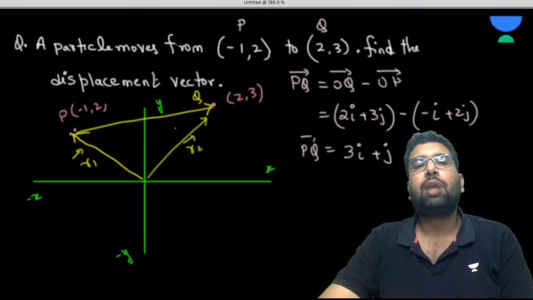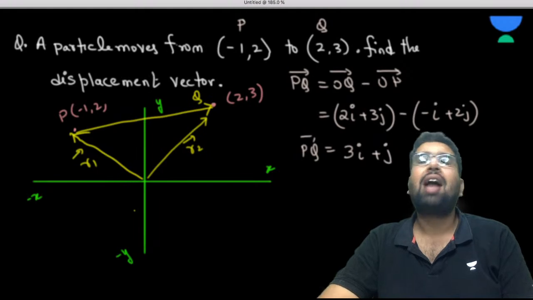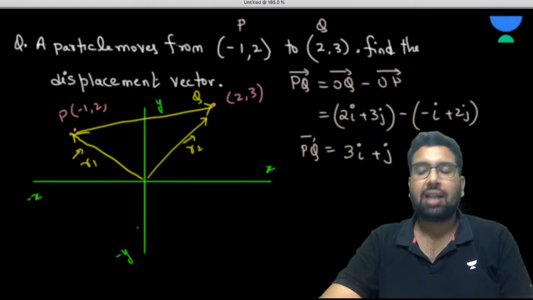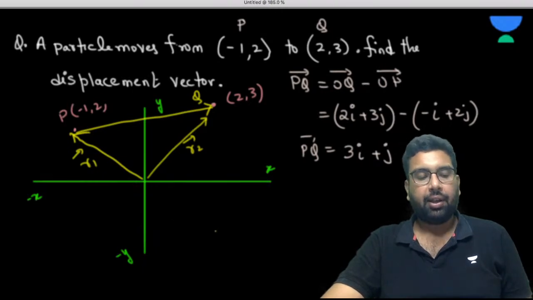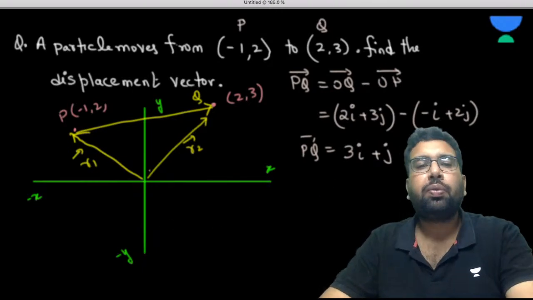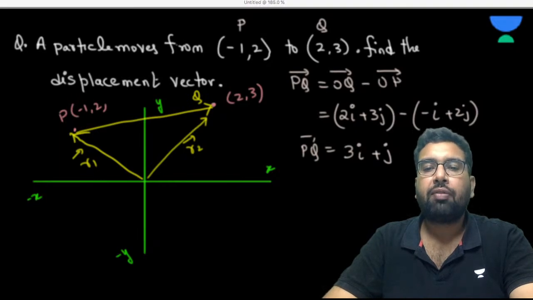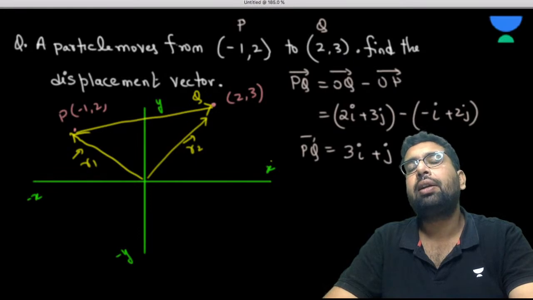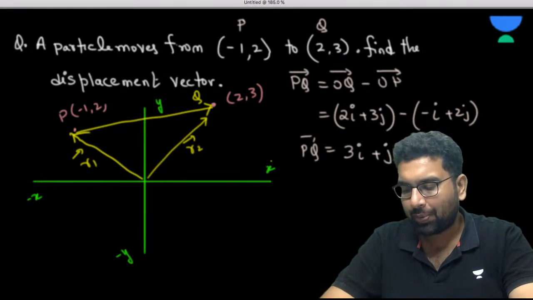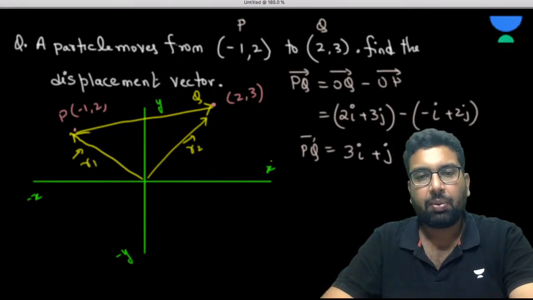So what is the PQ vector? It is R2 vector minus R1 vector. Is that clear? Please answer me. If you need to find the magnitude of it, I'm very sure you can do. If you are supposed to find the unit vector in this direction, I'm very sure that you can do. Right? Shall we move ahead?